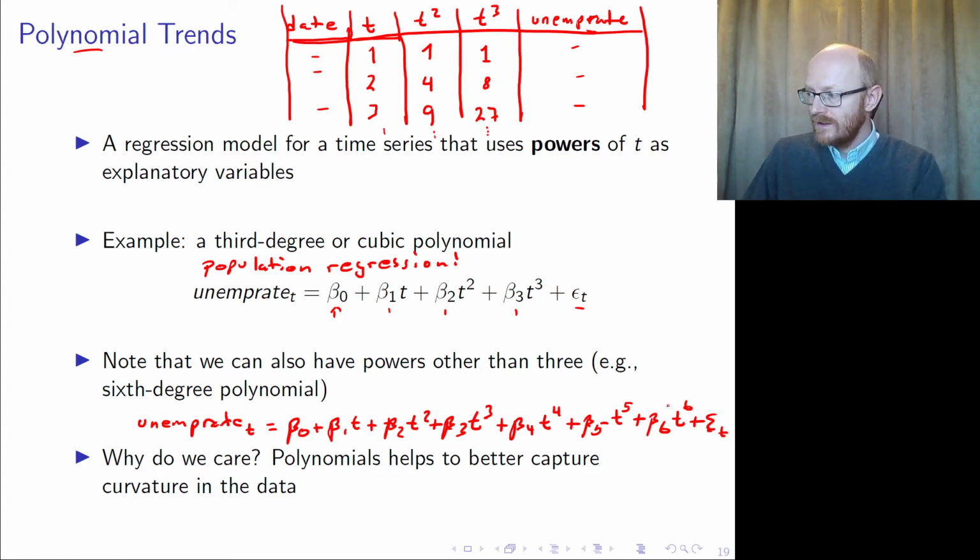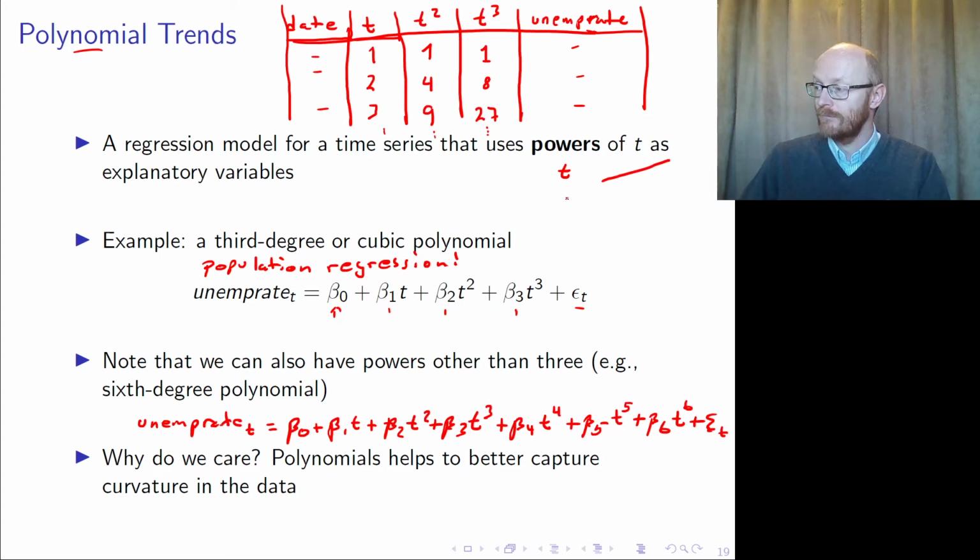So the more powers you include, the better you can capture some curvature in the data. So for example, t can capture a straight line, right?